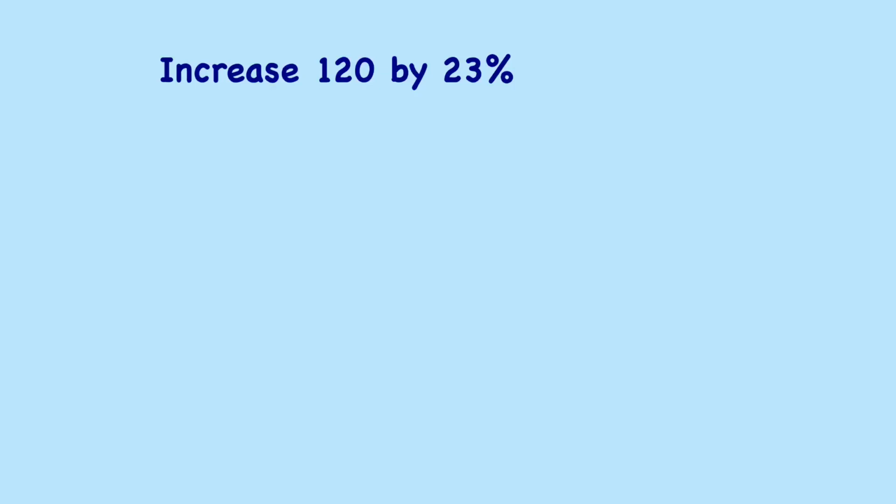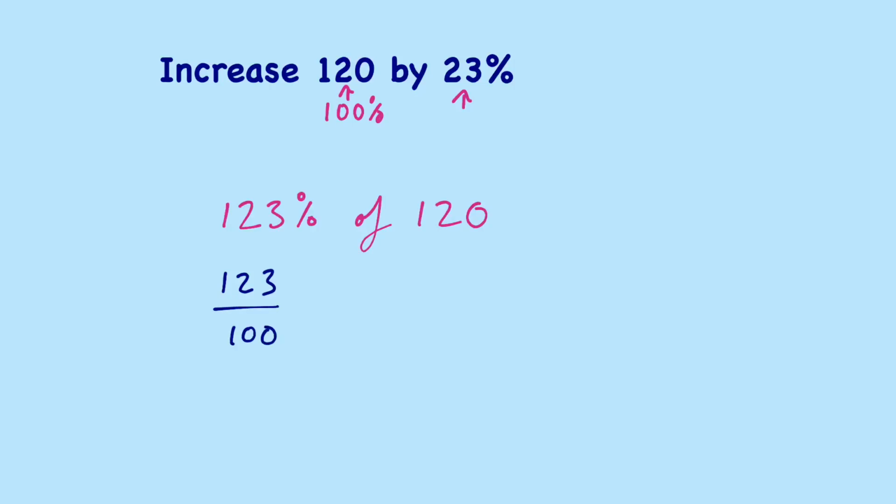So my answer will include my original 100%, and then I will add 23% on. The way we can look at this question is we can find 123% of 120. 123% means 123 out of 100. Of means times.